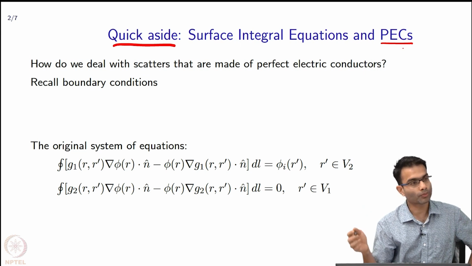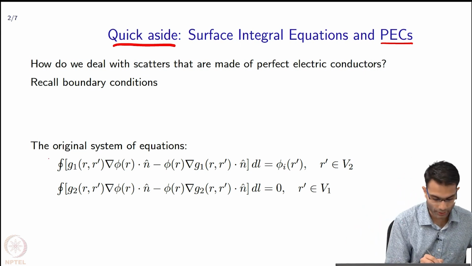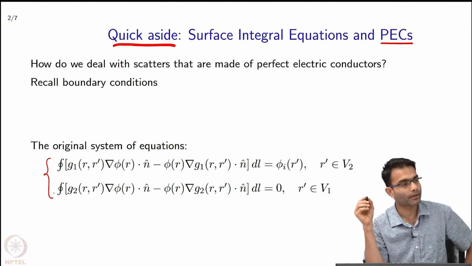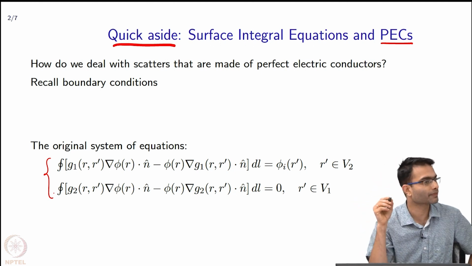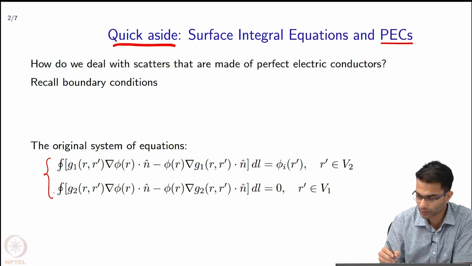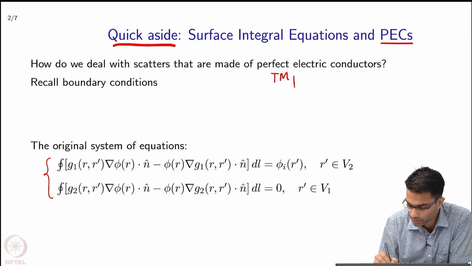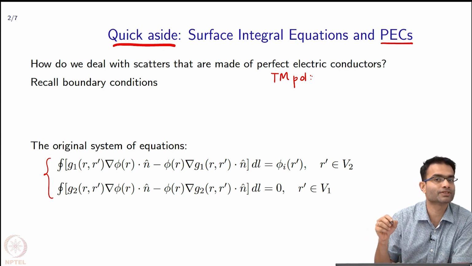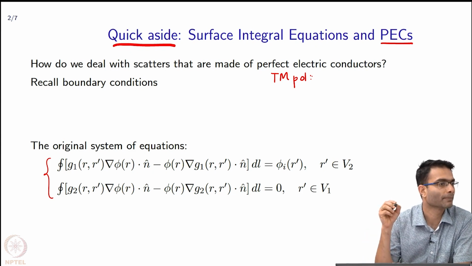So, in the formulation that we had so far, which is shown over here, this was our original formulation. We had given a physical interpretation to the variables. When I looked at TM polarization, what physical quantity was my phi? Electric field, right.